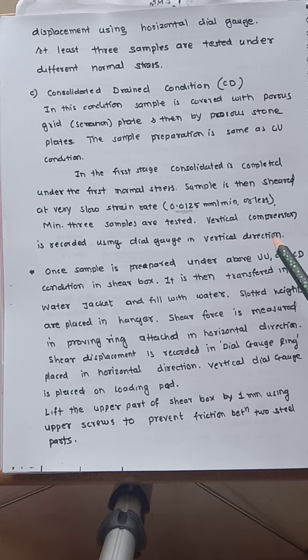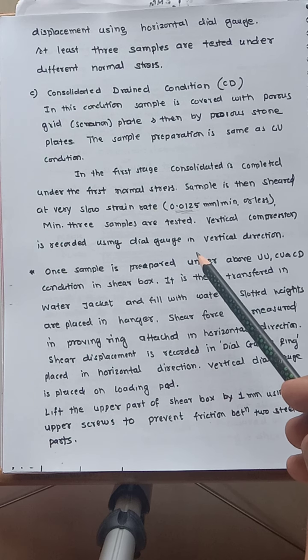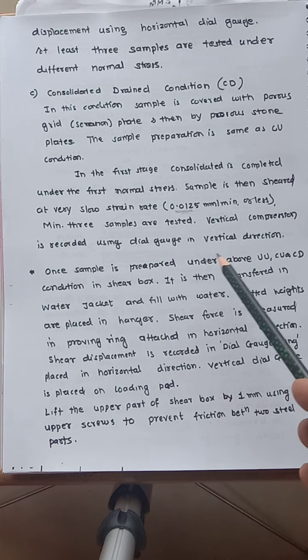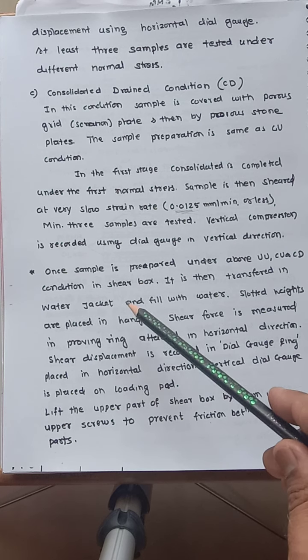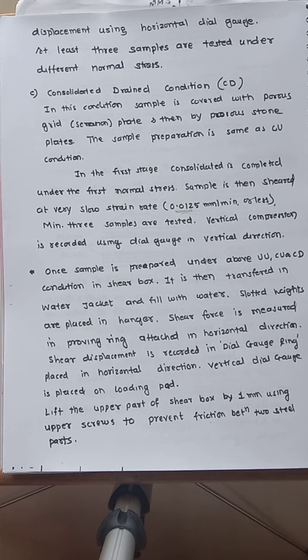Both vertical compression and horizontal shear are recorded during the shear also. In this way, of the 3 conditions, any one is used depending upon the requirement or to simulate the site condition.